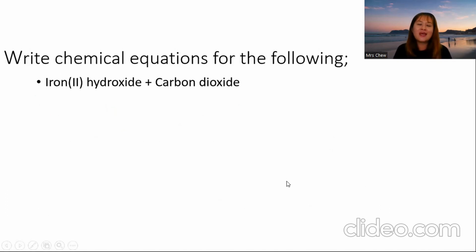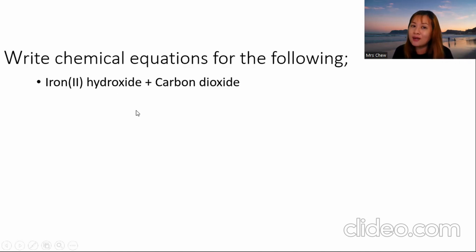Another question, iron hydroxide with carbon dioxide. So this is actually a base, right? You should know by now that metal hydroxide is a base, and when it's dissolved in water, it's called alkaline, right?